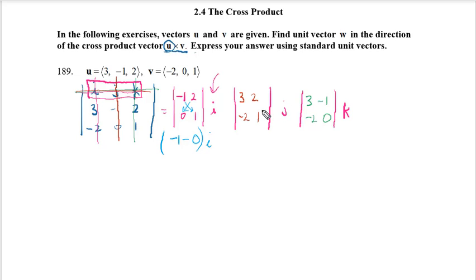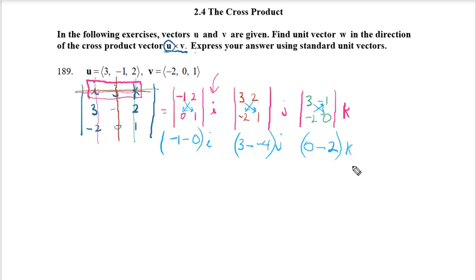To do this second one, we multiply 3 times 1. We multiply 2 times negative 2. And put a minus in between. And on the last one, we multiply 3 times 0. We multiply negative 2 times negative 1. Put a minus in between.